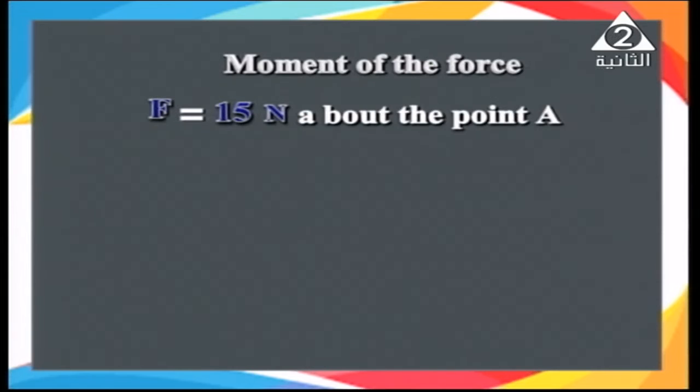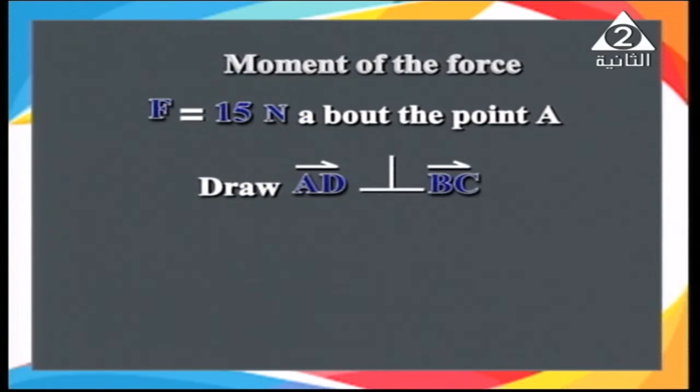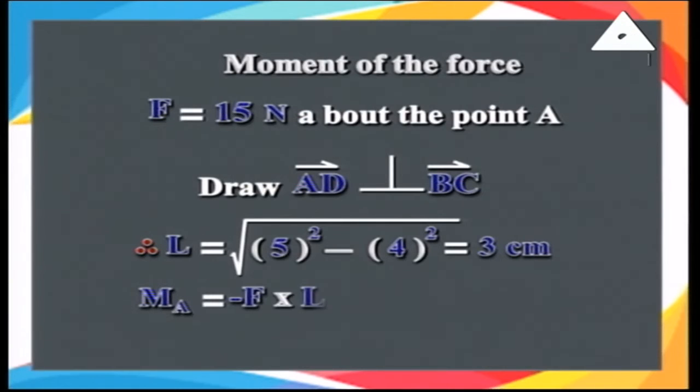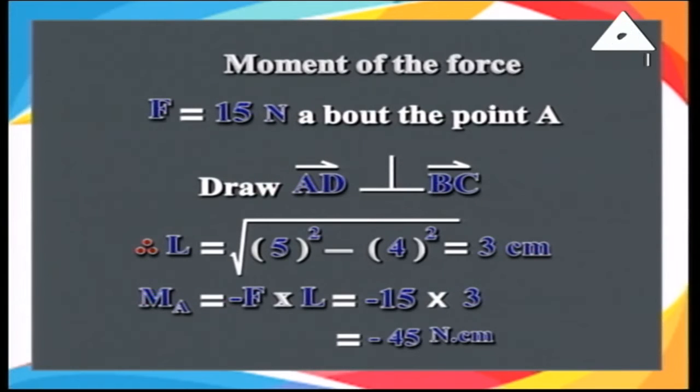Moment of the force F equal to 15 Newton about the point A. Draw AD perpendicular to BC, then the length L equals, by using the Pythagorean theorem, 3 centimeter. Then moment about A equals negative F times L equals negative 15 times 3 equals negative 45 Newton centimeter.